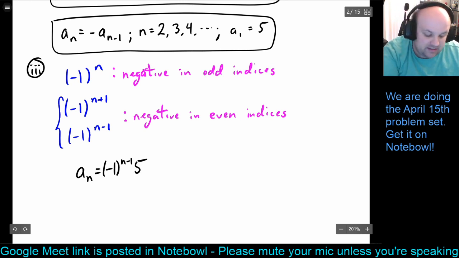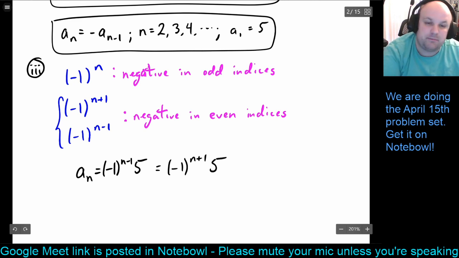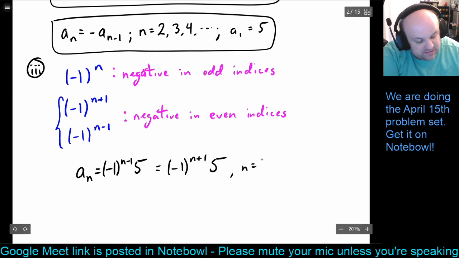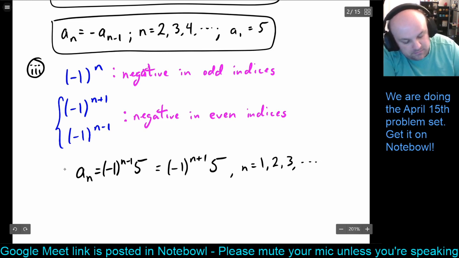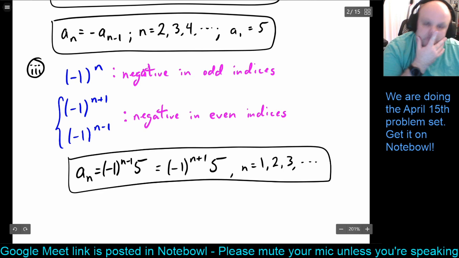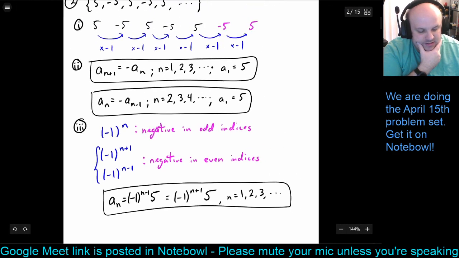We can write it like this, or if you wanted, you could write it like this. Either one is going to be perfectly fine here. And this is valid for n equals 1, 2, 3, and so on. Any questions at all about this one?